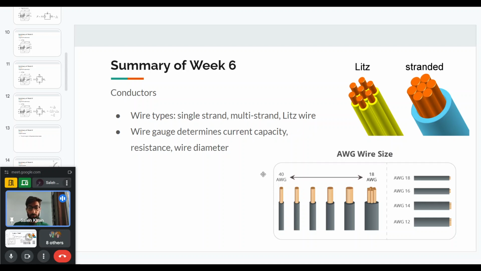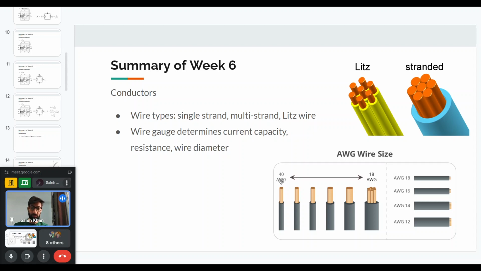Now, how to choose a wire depends on the size of the wire. Different wire gauges are given. For example, AWG is the American wire gauge system. We have other systems as well, like SWG, which is called standard wire gauge, or some other system. In these systems, different labels are given to different wires.